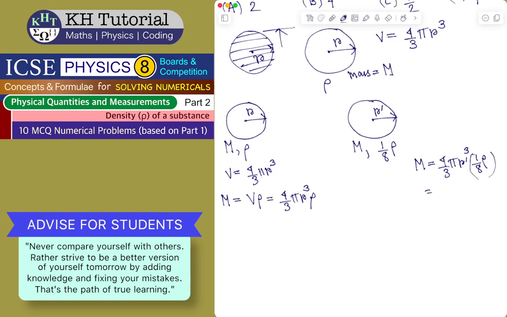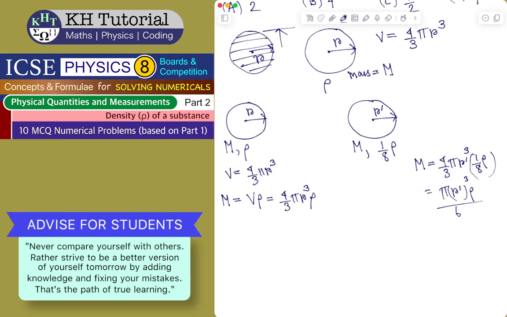If I simplify, this becomes pi r dash cube rho divided by 6, where r dash is the new radius of the sphere when the density has become 1/8 of the original density.